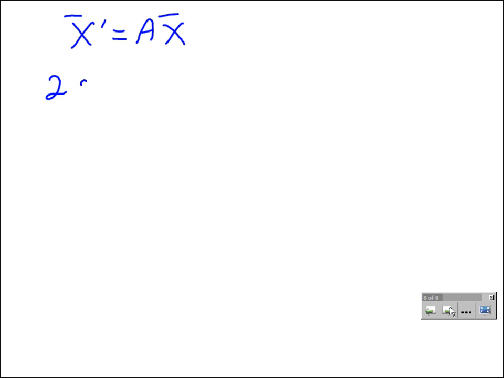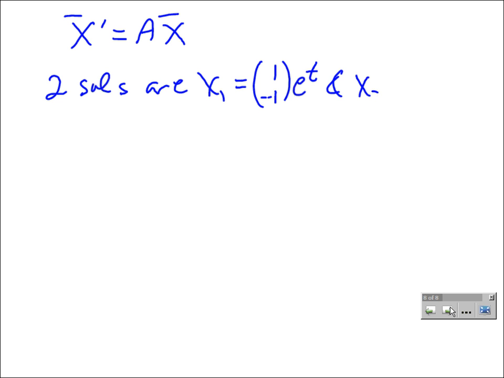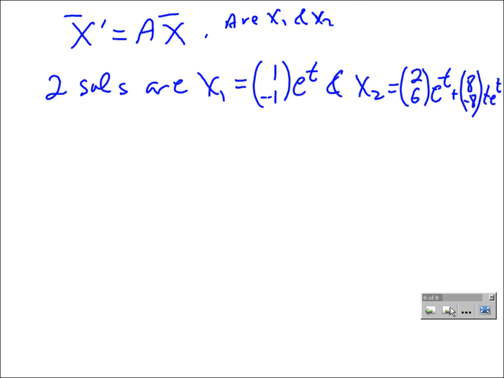And suppose two solutions are x1 equals [1, negative 1] times e to the t, and x2 is [2, 6] times e to the t. Let's even make it more complicated, plus [8, negative 8] times t e to the t. So the question is, are x1 and x2 fundamental?